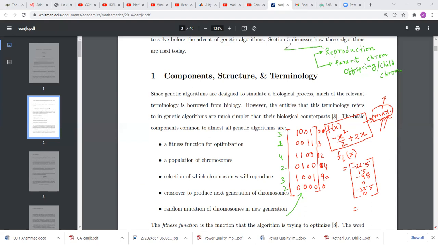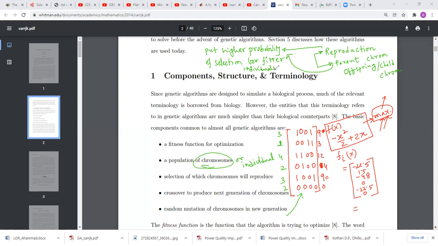In the reproduction phase, for selecting the parents, we will put a higher probability of selection for fitter individuals or chromosomes. Remember, individual and chromosome are the same, like a single person.